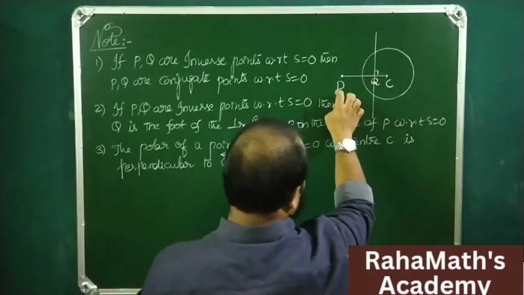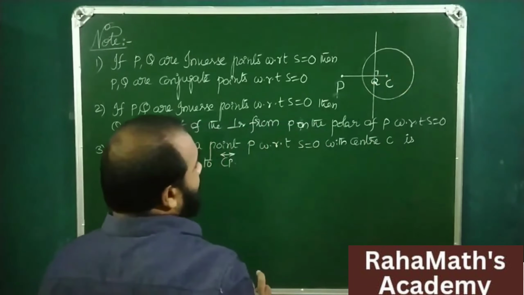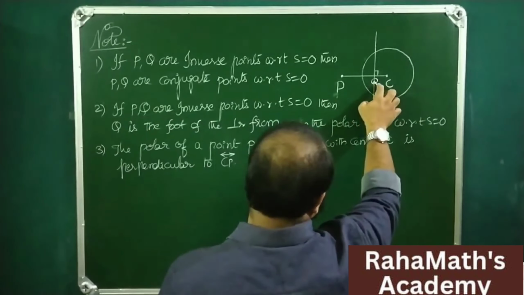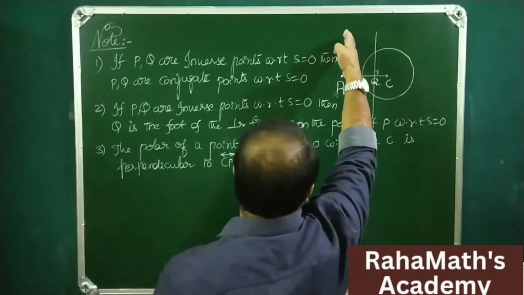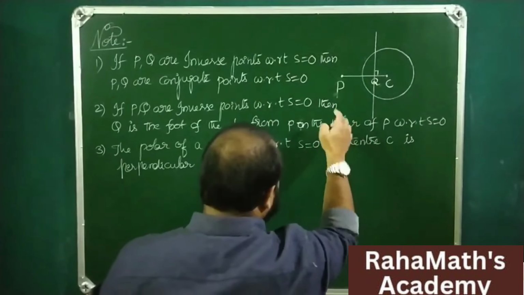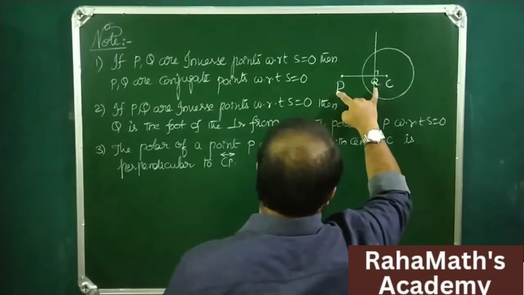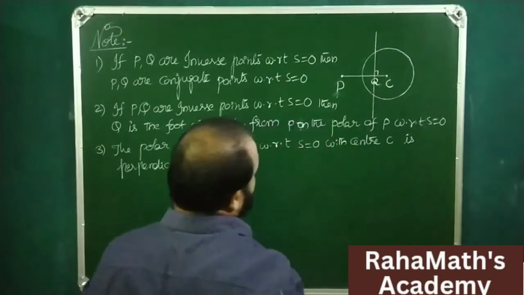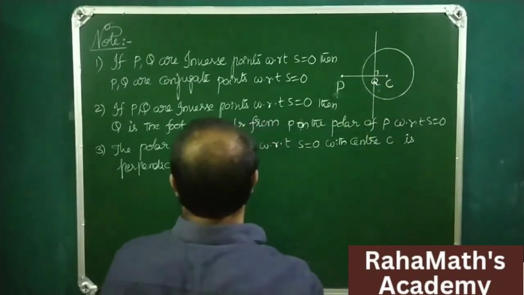The polar of P passes through Q. And if Q is the point, then the polar of Q is this line, and this line is passing through P. Then P comma Q are said to be conjugate points. Therefore, the inverse points are said to be conjugate points.